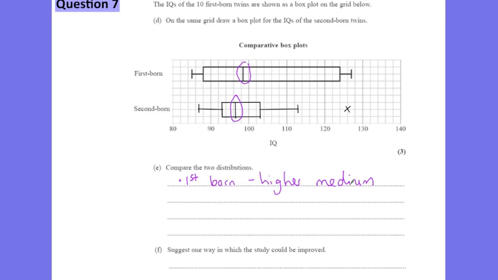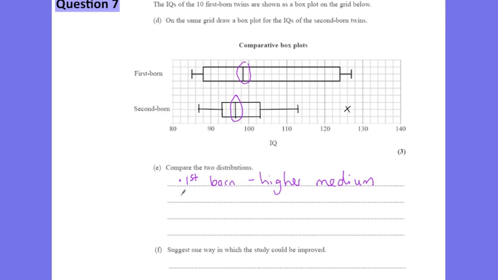Following on from that, we need to look at the spread. We've looked at the spread by both the range and the interquartile range. You can see here from here to here, compared to here, that the firstborn has a much larger range. Same thing when looking at the interquartile range. The box here is significantly bigger than the box here for the second-born.